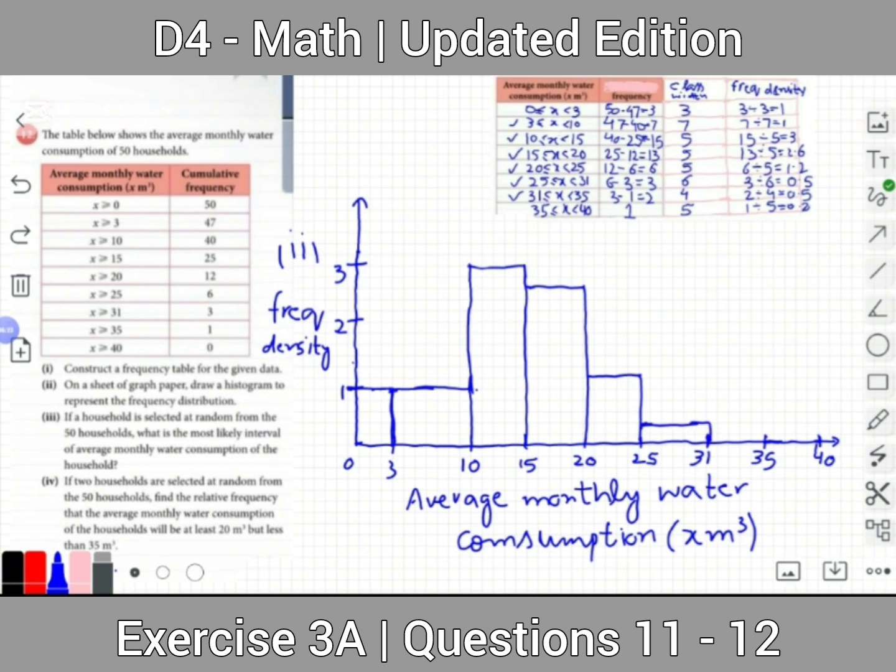Similarly for the class interval 31 to 35, we will draw a bar of the height 0.5 again. Now for the class interval 35 to 40, we will draw a bar of the height 0.2. So this is the histogram to represent the frequency distribution.